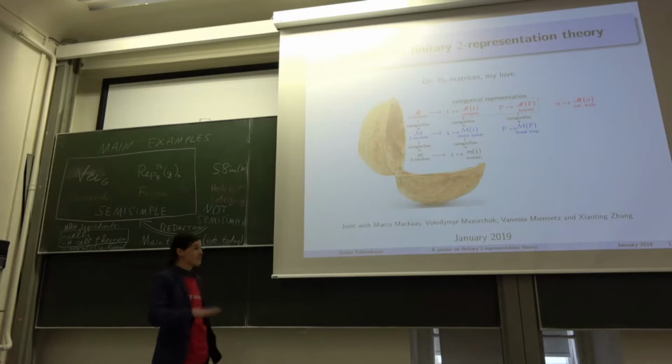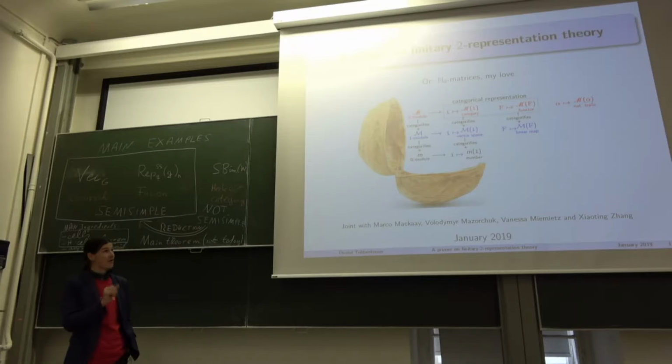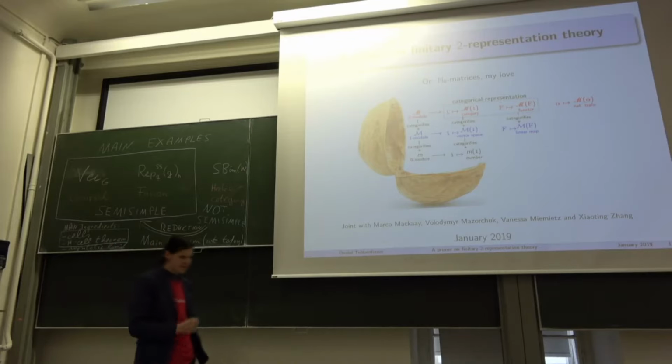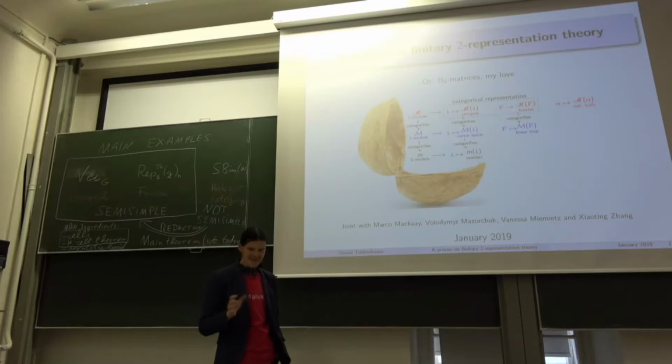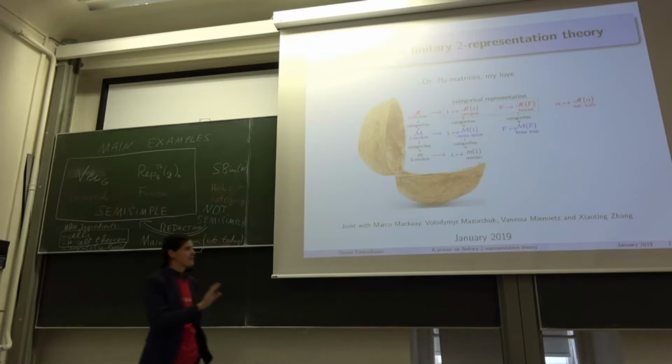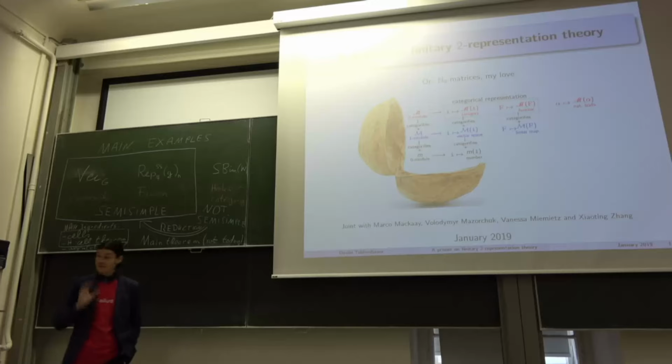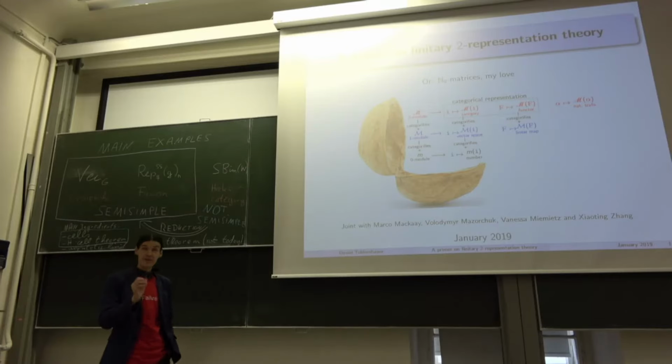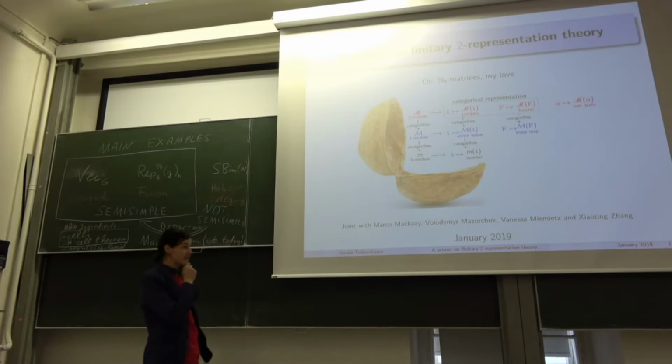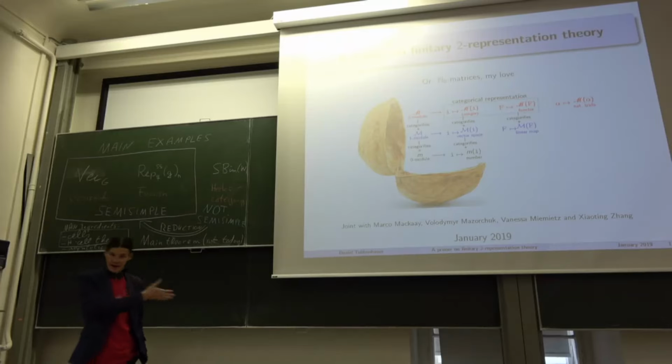I'm keeping it very low, and my long-term goal somehow is to turn this finitary two-representation theory, which still is a slightly abstract and very technical language in some sense, very powerful in my opinion, into something combinatorial. And I will show you today how far I got.